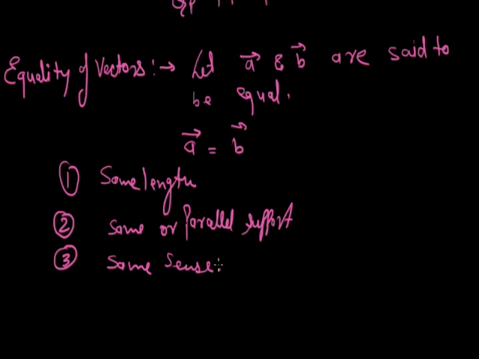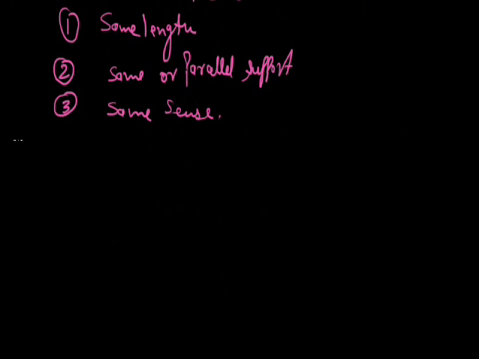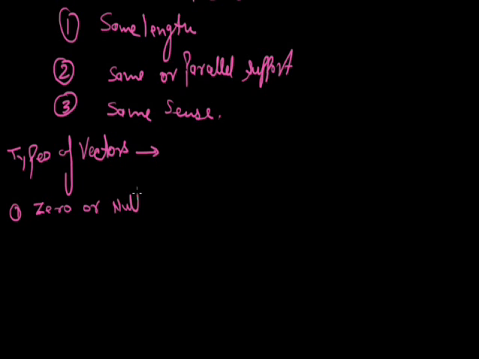Now let's discuss the types of vectors. The first is the zero or null vector.